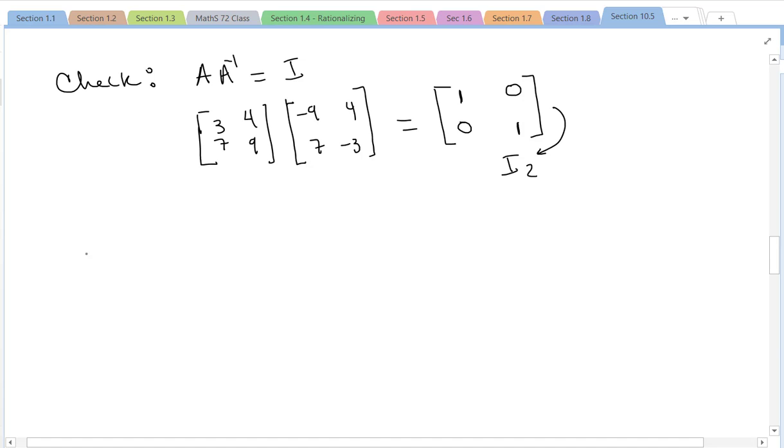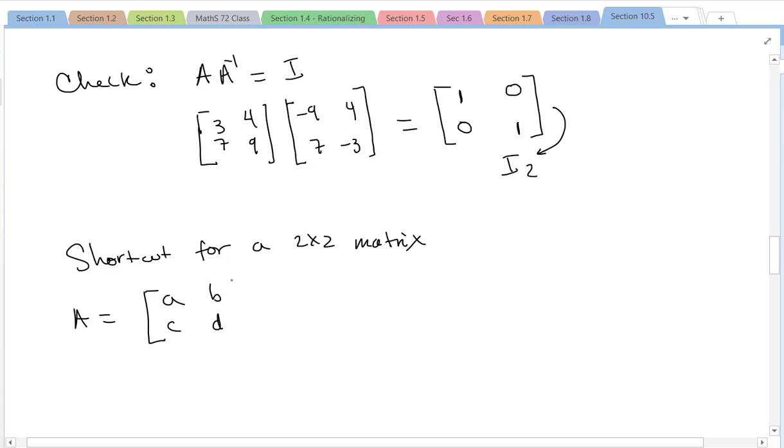And the shortcut for a 2 by 2 matrix is that if you have a matrix A that is A, B, C, D, then the inverse is the quantity 1 over AD minus BC.